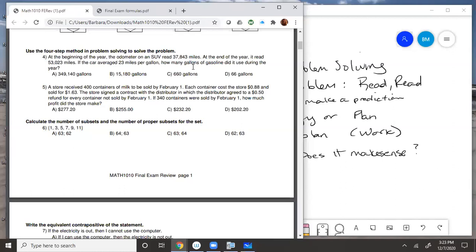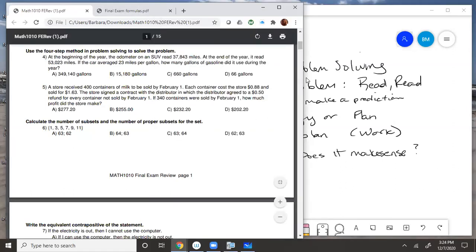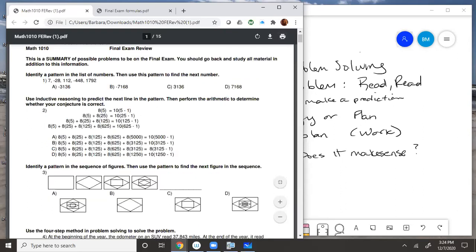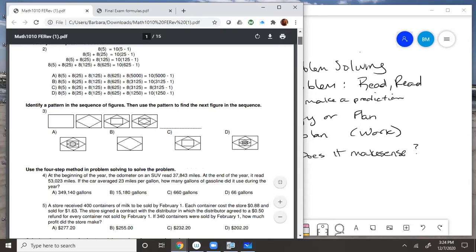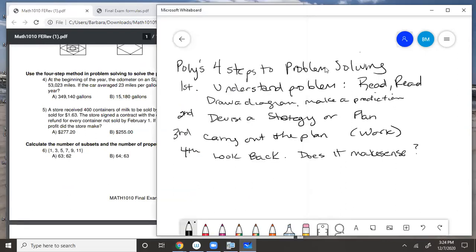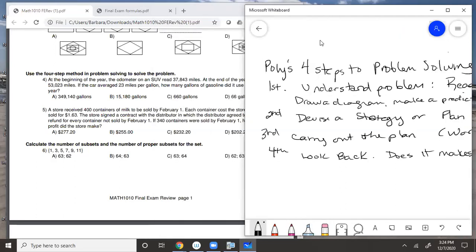So the thing that I do to help understand word problems is I like to write down everything I know about this problem. I don't want to solve it just yet. I just want to write down some facts and then see if I understand what it is that they're asking.